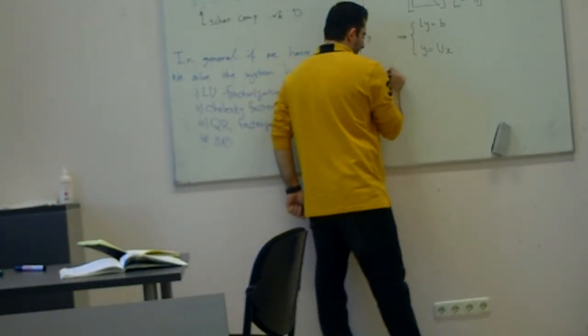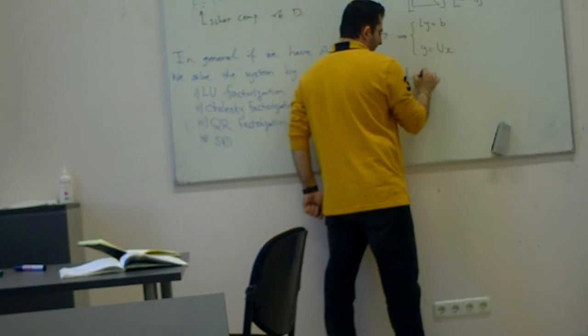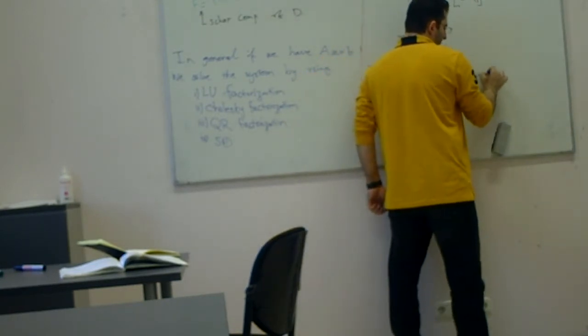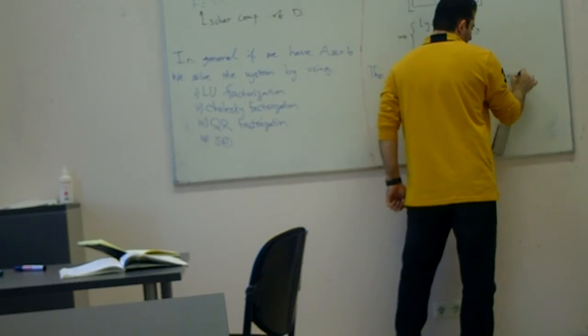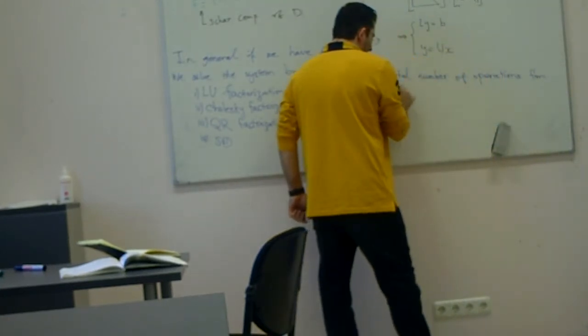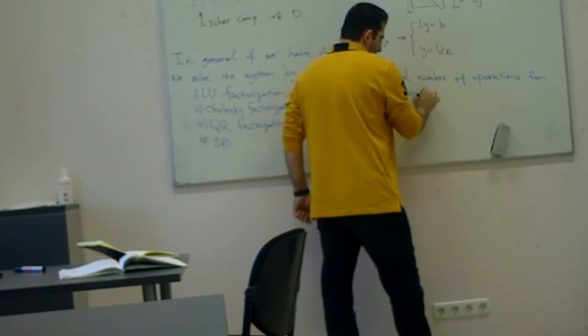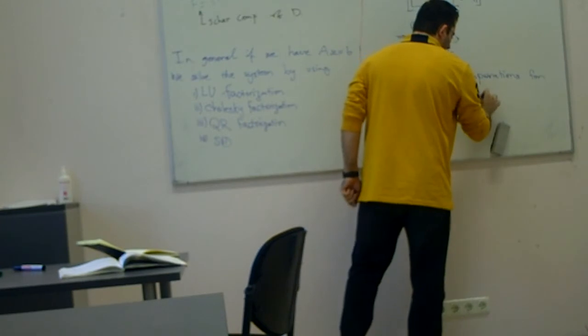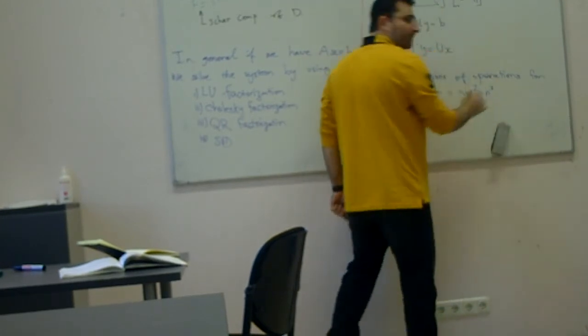The total number of operations for LU factorization is about 2/3 n cubed.